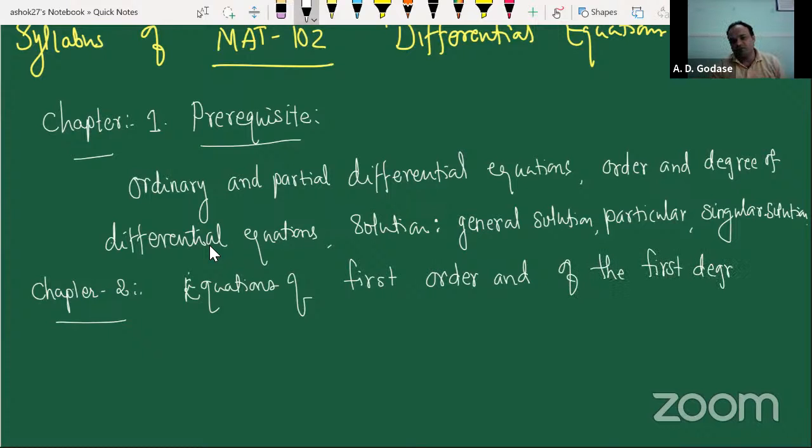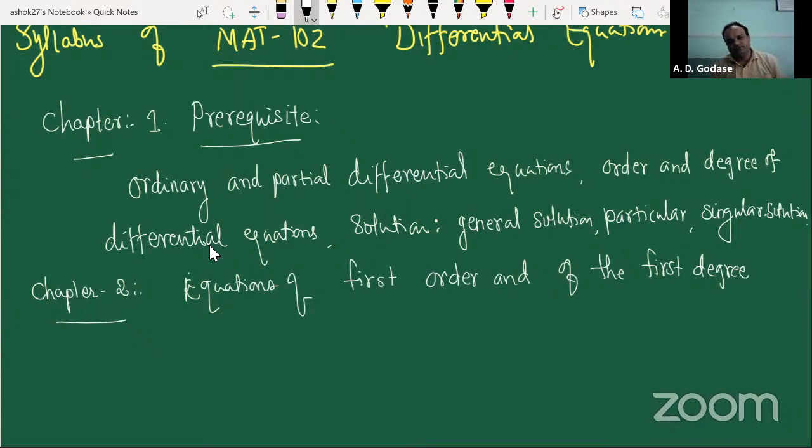In this chapter, we'll study only differential equations of first order and first degree. The title of this course is differential equations. In this course, we'll just study ordinary differential equations. There is one chapter, chapter 7, that will contain just an introduction to partial differential equations.